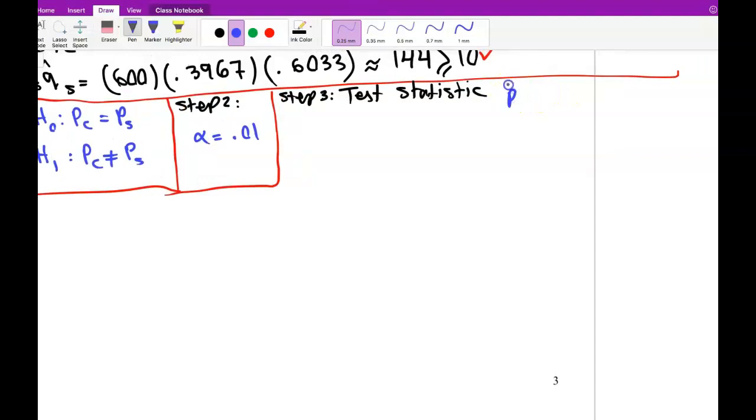So finding p hat is x plus x divided by n.